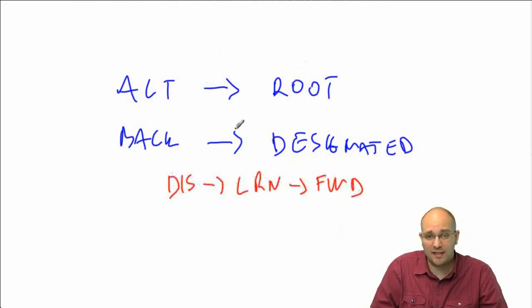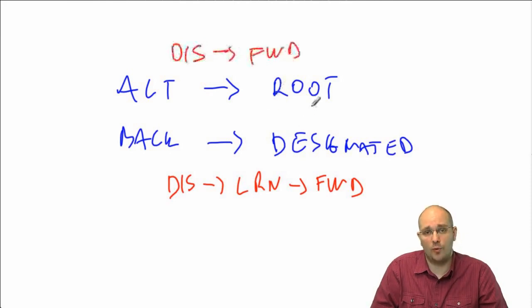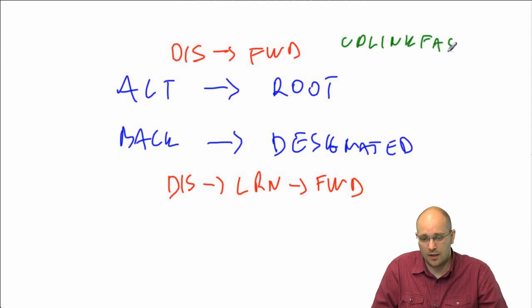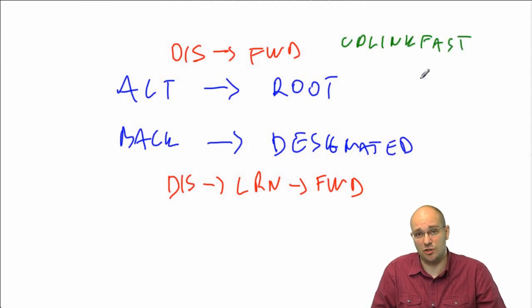But when alternate needs to transition to become a root port, it's simply going to go from discarding state into the forwarding state. Does this sound familiar to you? If it does, you would be absolutely right, because this is almost identical to Cisco's uplink fast feature.